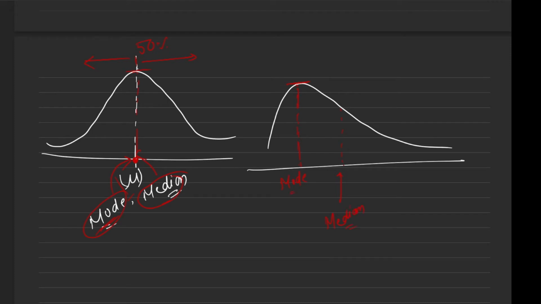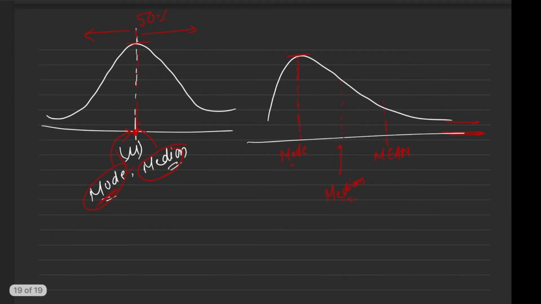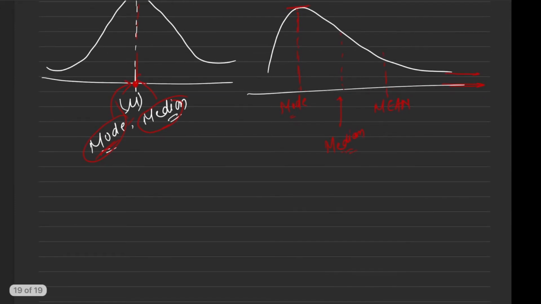Now the mean, people, will be the average. The right hand side is skewed, with data points that are bigger, so the mean will go away towards the right hand side. So mode, median, mean, this is the right skewed.